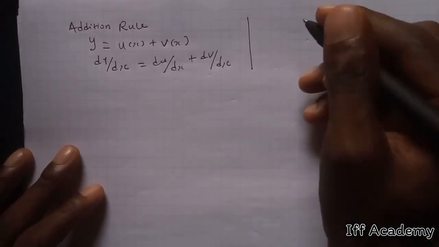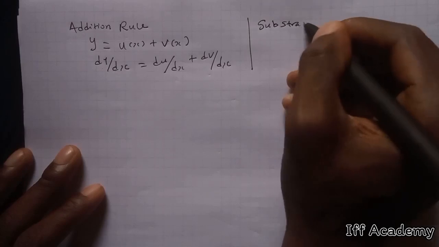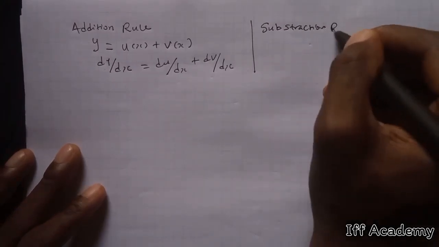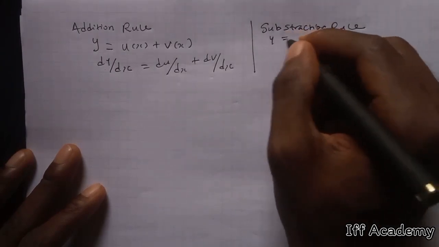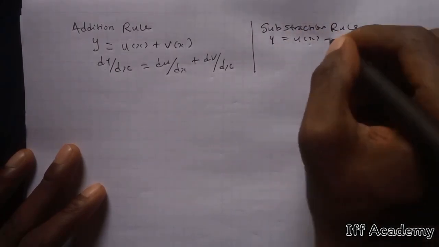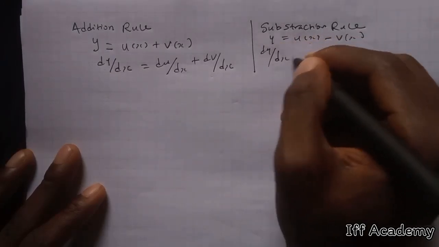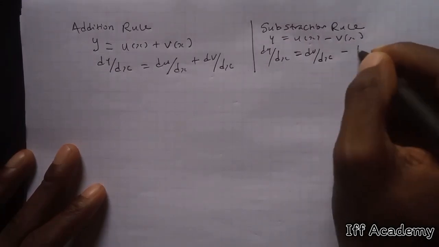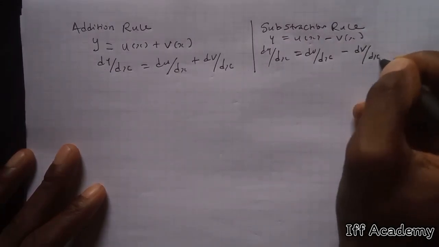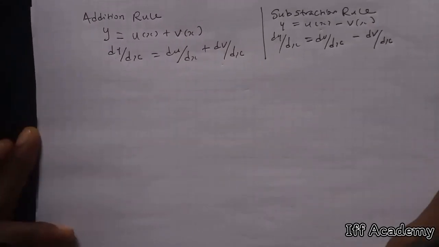So for the subtraction rule, if you have y equals u of x minus v of x, dy over dx is du over dx minus dv over dx. So let's look at some examples that illustrate this.